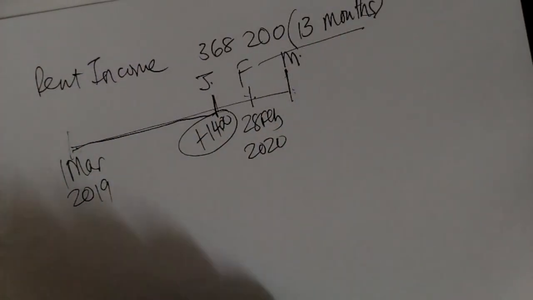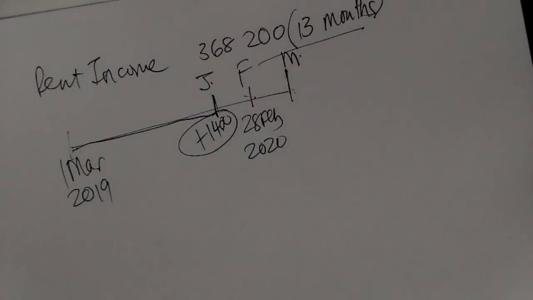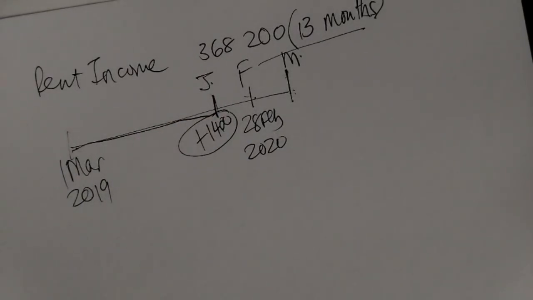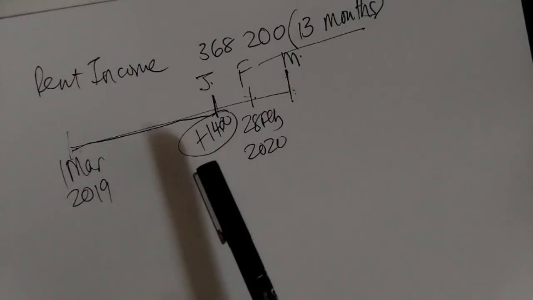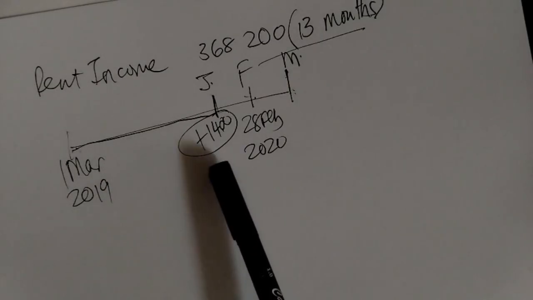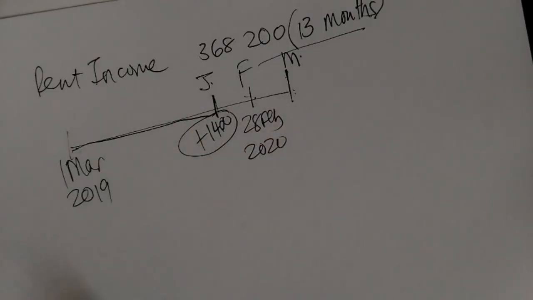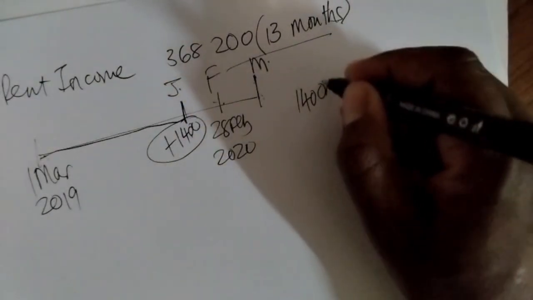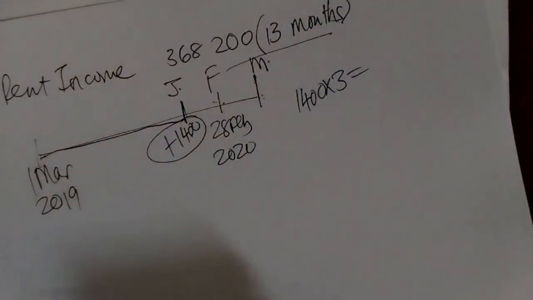So what you do is you first of all eliminate the 1.4 by saying, assume that the rent had not increased. If the rent had not increased, it means the additional 1.4 that was paid in January, February, and March wouldn't be there. So what can you do? You can take 1,400 and multiply it by 3.